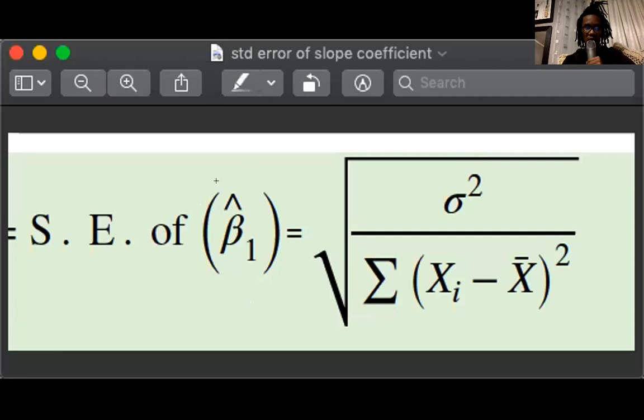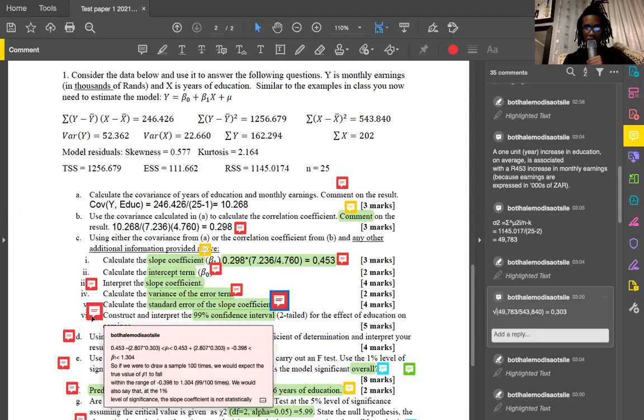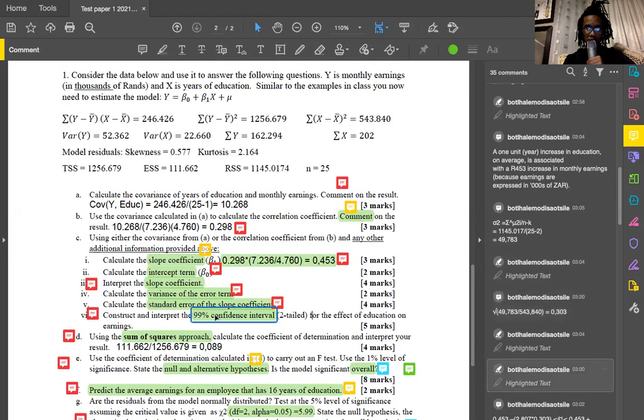So standard error of the slope coefficient is defined by this formula, and you should know what this means, right? Let's just move back to Adobe. I think you should be able to see the screen by now. So I hope that makes sense. You should have a standard error of 0.303. Yeah. Then let's move on to the confidence interval.